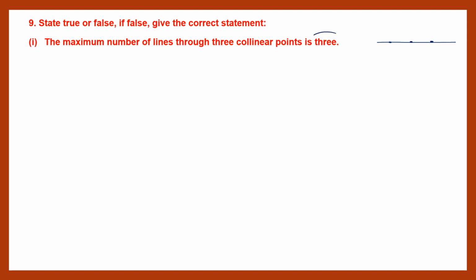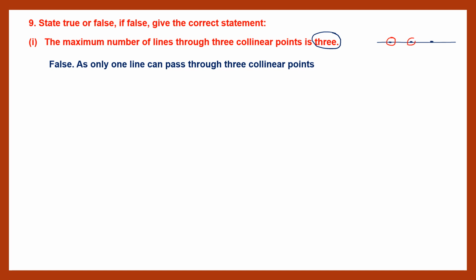But here the question says you can draw 3 lines, which is wrong. So let's correct that statement. False, as only one line can pass through 3 collinear points. Three or more points which lie on the same straight line are called collinear points, and you can only draw one line through them.